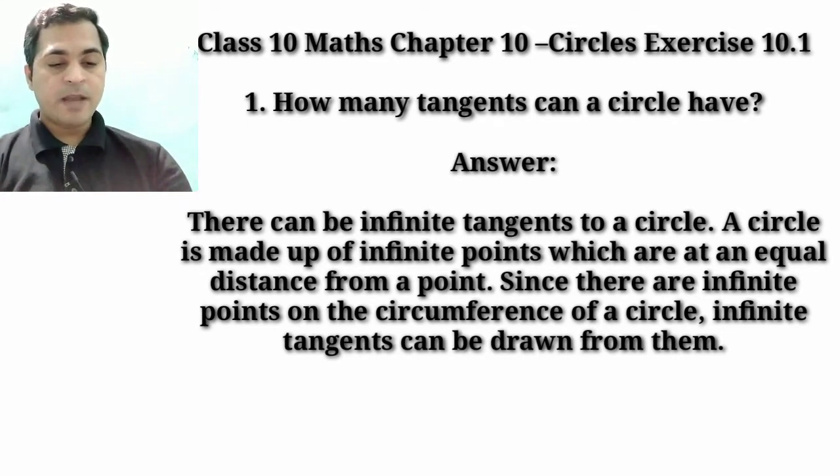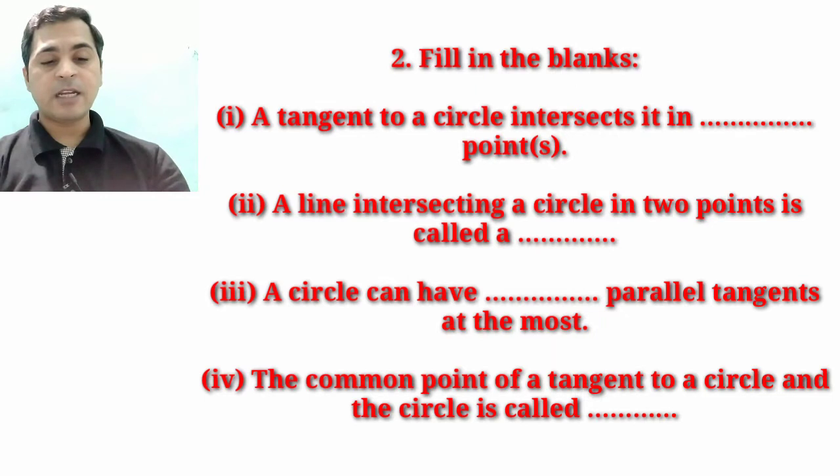Next one is fill in the blanks. A tangent to a circle intersects it in dash point, right? This is the first question. Second, a line intersecting a circle in 2 points is called dash.